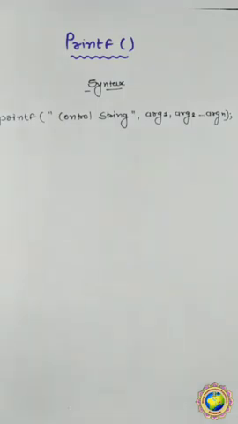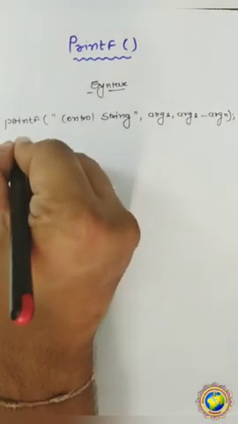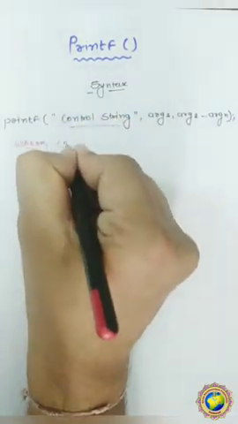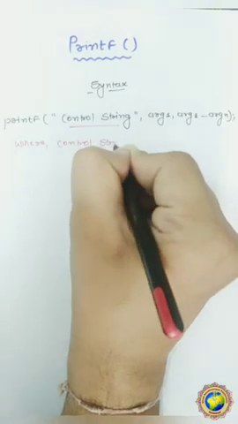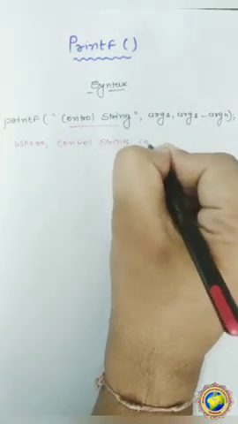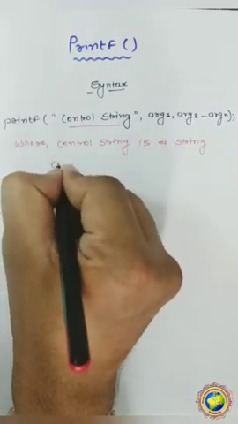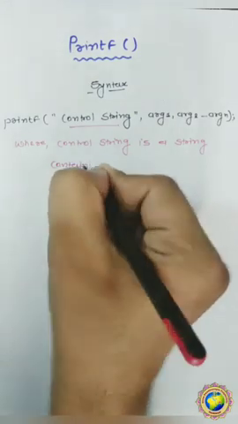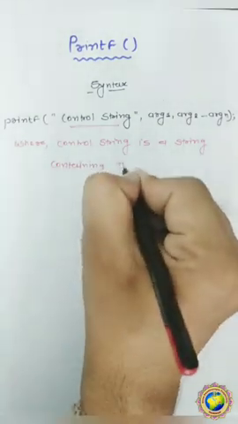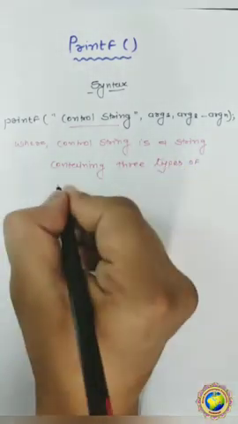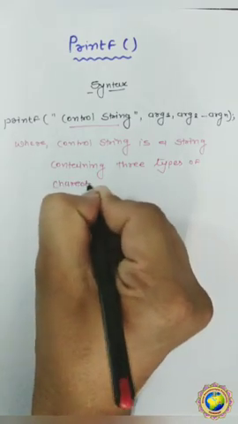Here the control string is a string containing three types of characters.